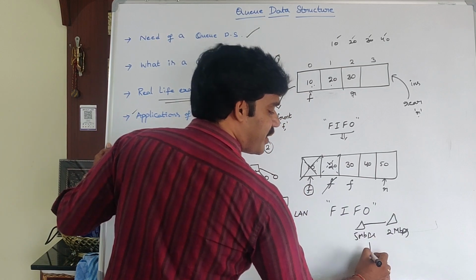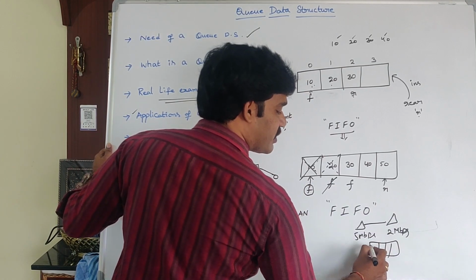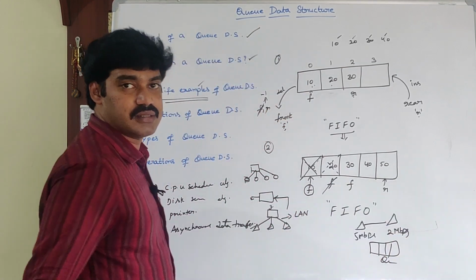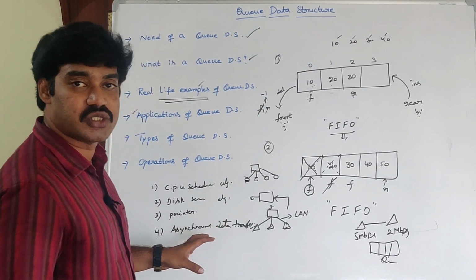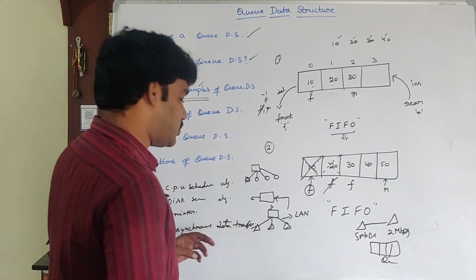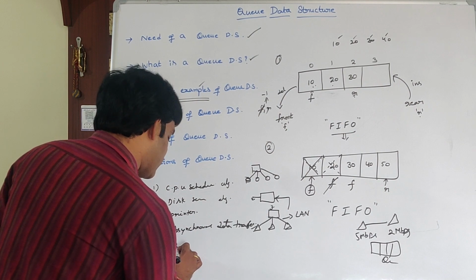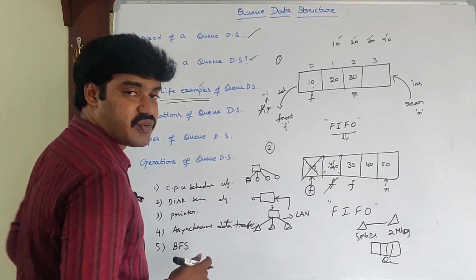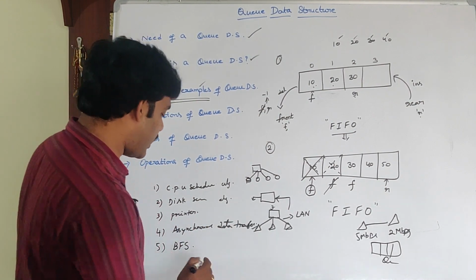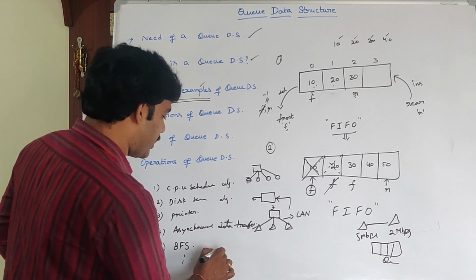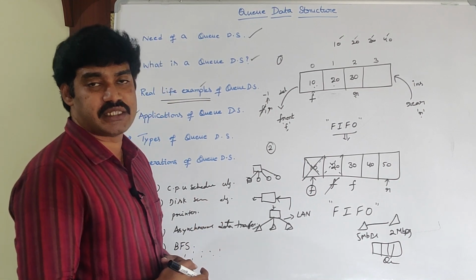What about the remaining data? The remaining data is stored in a buffer. That is nothing but a queue data structure. So that kind of data transmission is known as asynchronous data transmission. Next, breadth first search uses a queue data structure and so on. All these are the different applications of queue data structures.